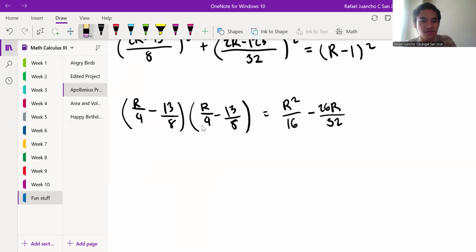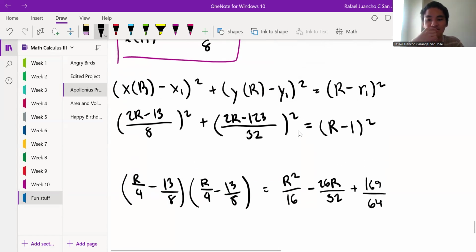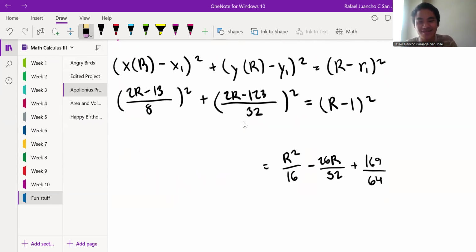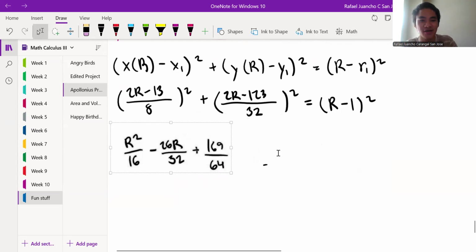Then from there, I just get plus 13 eighths squared. What's 13 squared? I don't know what that is. Oh, 169 over 64. And there we have it. We have a nice looking formula. So that's the first part. Oh God. It is a quadratic formula. Okay. That's one. Two more to go.